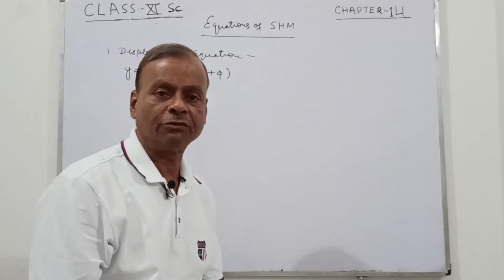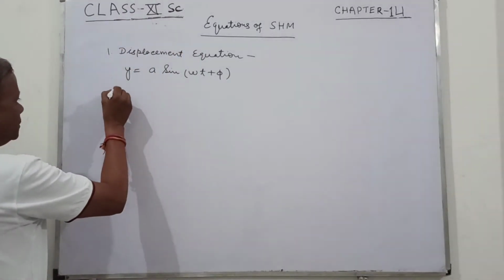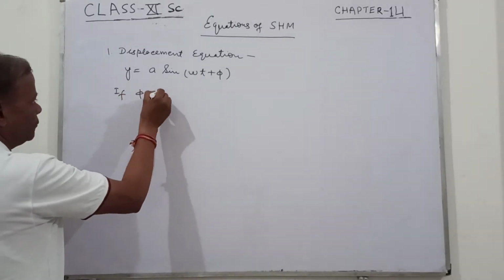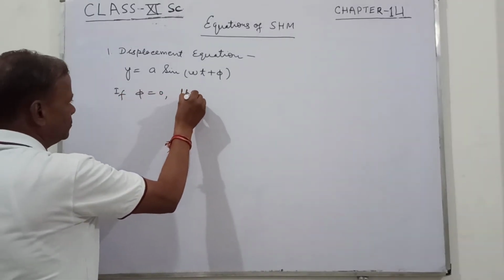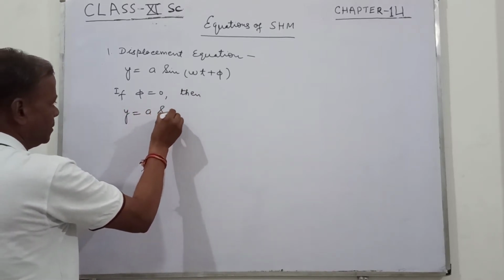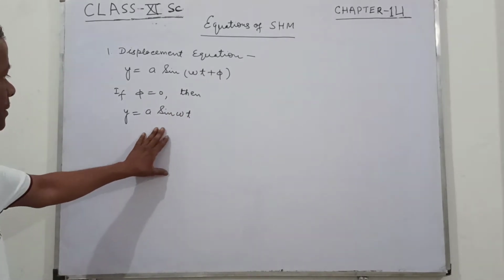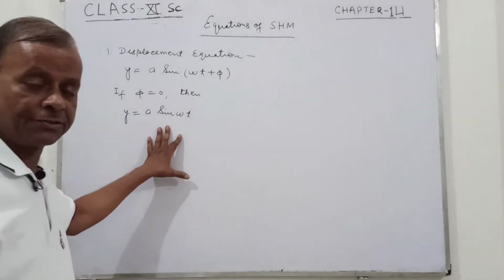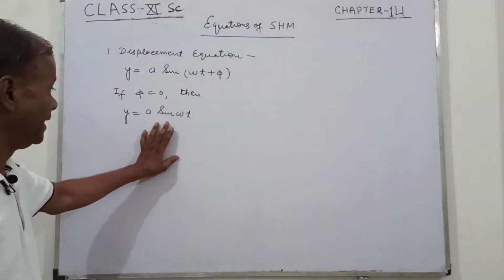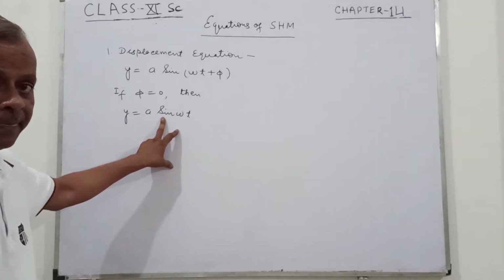If phi is equal to 0, then y equal to a sine omega t. And you see that this is a function of sine, so the value of y will vary according to the sine term in this equation.